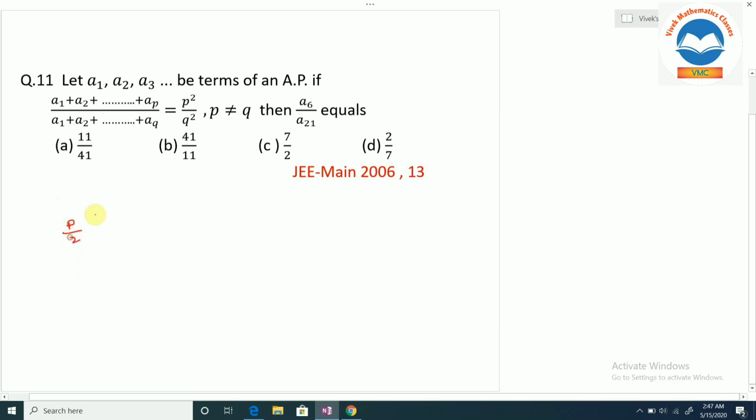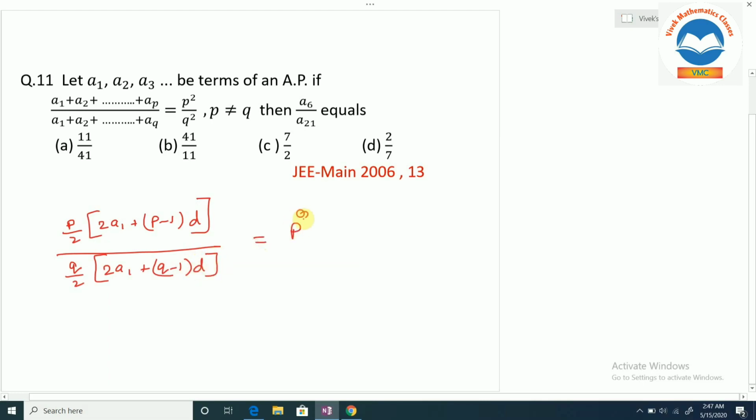P by 2 bracket 2A1 plus (P minus 1) into D, let's say common difference is D, divided by Q by 2 bracket 2A1 plus (Q minus 1) into D, and this value you have given as P square by Q square.